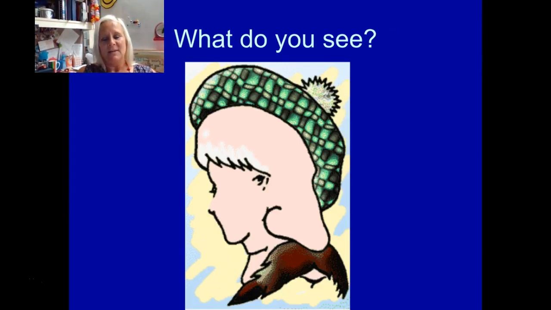What do you see here? Do you see the silhouette of a young woman with a hat on? Or do you see the face of an old man with a really large nose and mustache wearing the same hat?